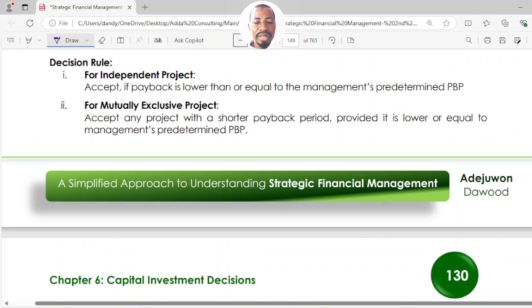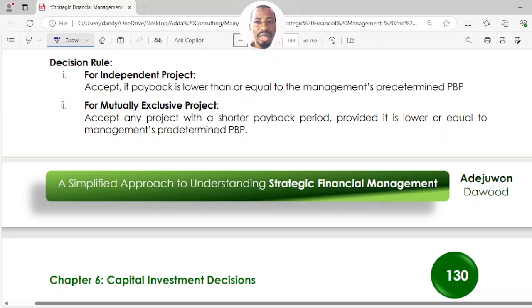So an independent project, like I explained in our previous class, is a standalone project that may be accepted or rejected based on its own merit. So it's a singular project. So if that project has a lower or shorter payback period, or equal to the management predetermined payback, then the project will be accepted.